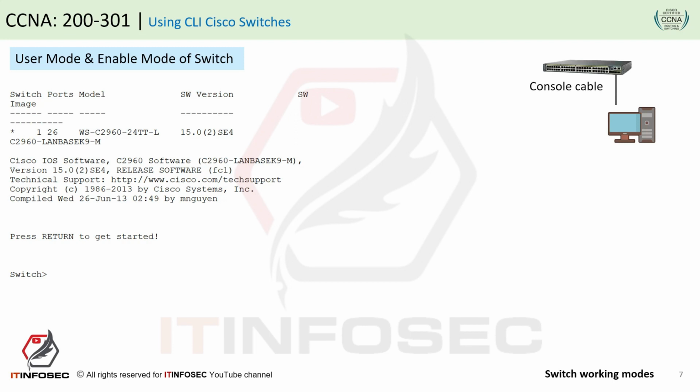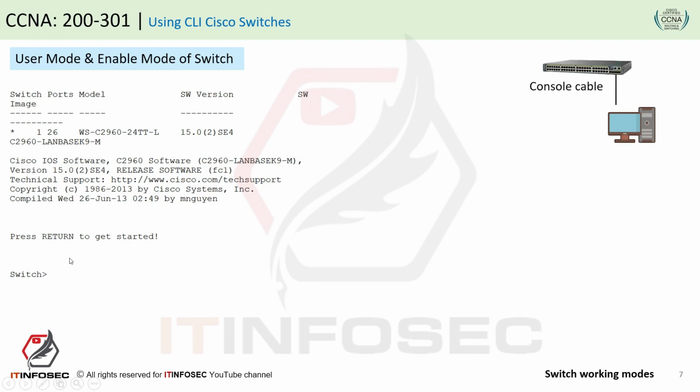All of these slides contain the Cisco Packet Tracer simulator, no problem. But let me first describe for you. When you connect to your switch, two modes of the switch are accessible. The first mode we call user mode. This is the switch name and the symbol of greater than.